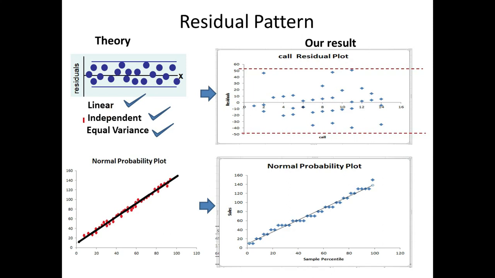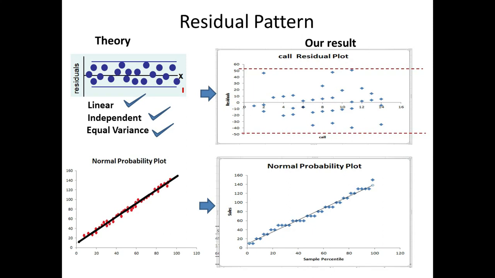First, the relationship is linear; second, the error is independent; and third, the error has equal variance. By having this pattern only, three conditions are met: the relationship is linear, the error is independent, and the error has equal variance, if we have this kind of pattern for the residual plot.